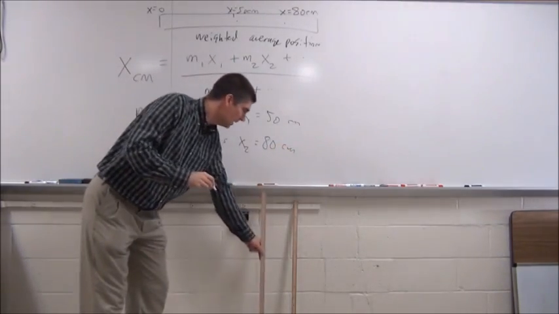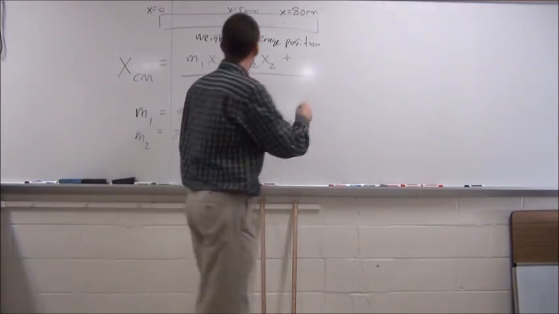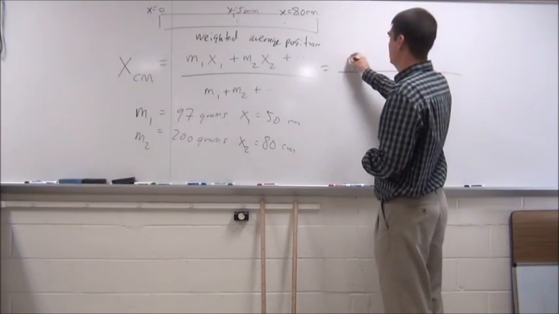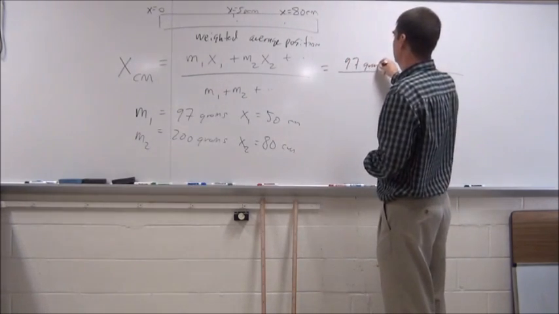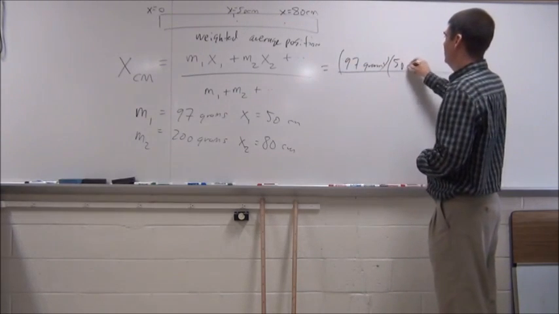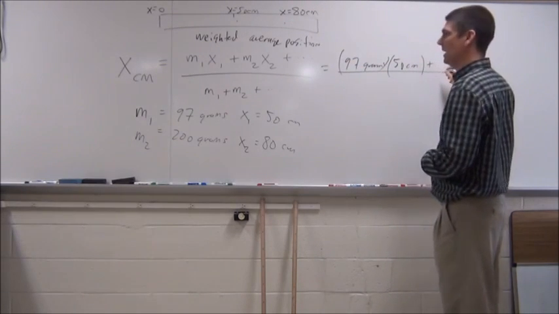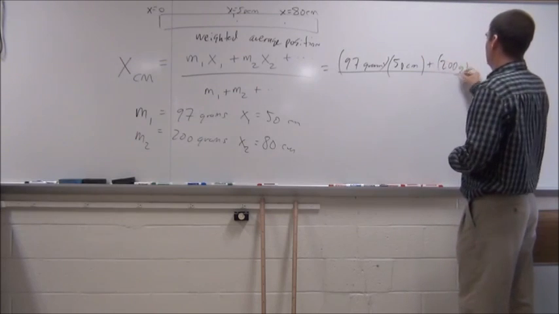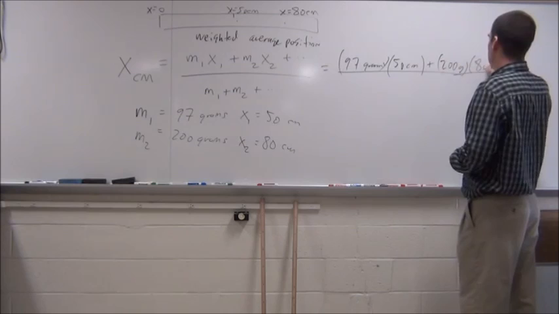All right. If I put those together into this formula, to my weighted average, I'm going to take 97 grams times the position of that mass, which is 50 centimeters. I'm going to add 200 grams times the position of that mass, which is 80 centimeters.